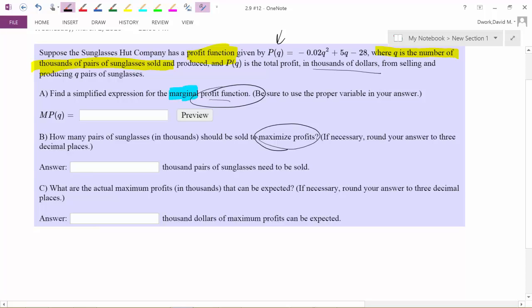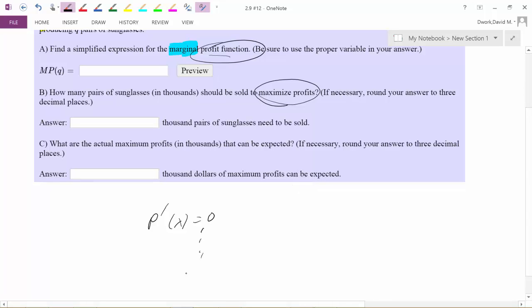Okay, so this problem is the other part of part B. One of them is asking for the Q, the other one is asking for the P value. So when you solve your derivative, set it equal to 0, and then solve, you're going to get x equals some number, 17. So you have to ask yourself, where does that number go, and how do I use it to get the other one?